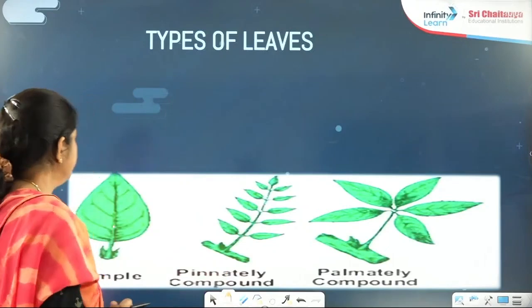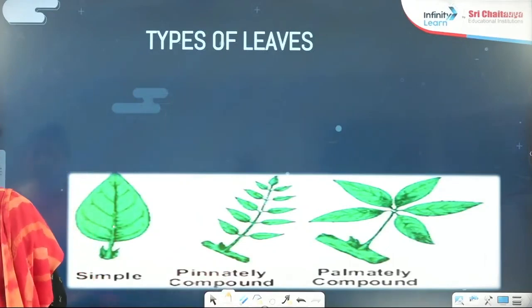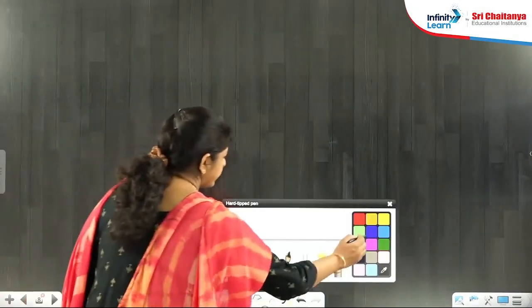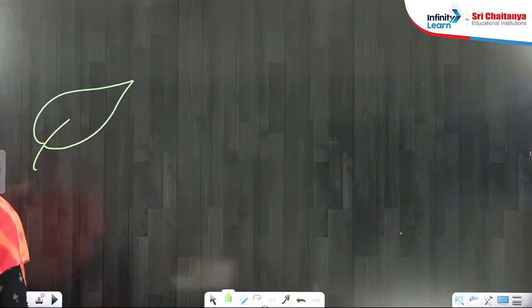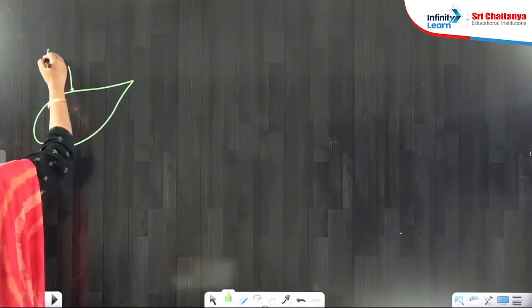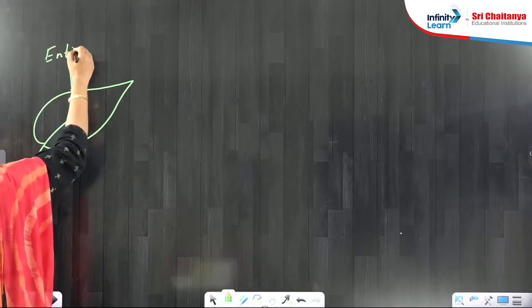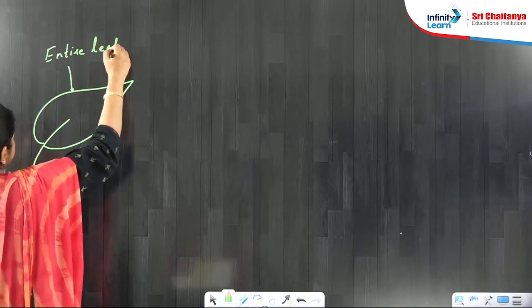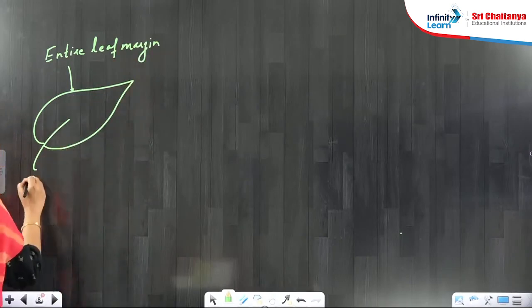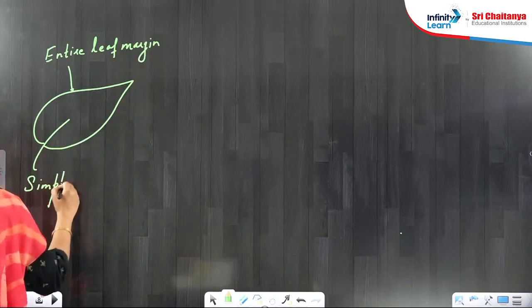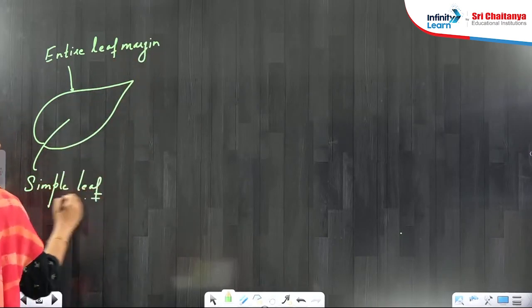For example, let me take the slide. If I take the leaf as such, can you see it is showing an entire leaf margin? If there is an entire leaf margin, such a type you call a simple leaf.